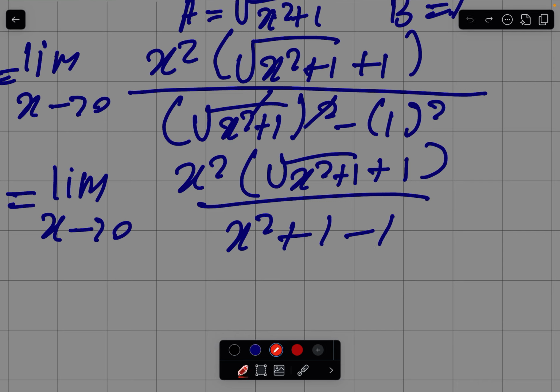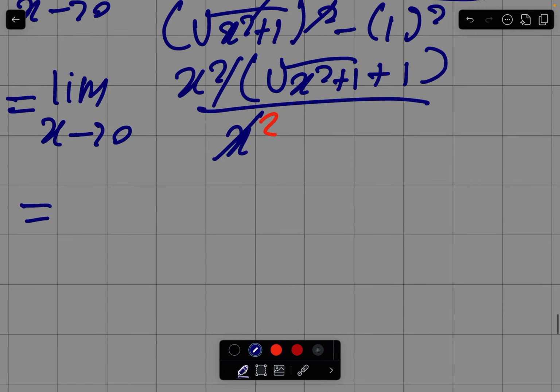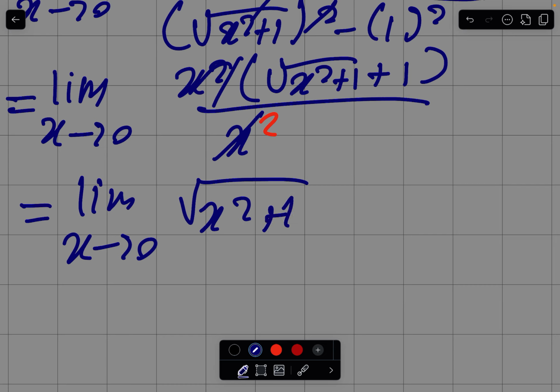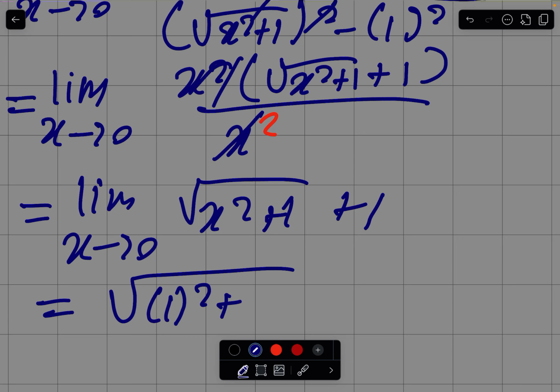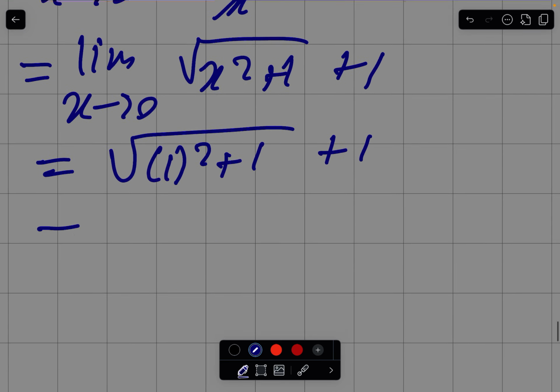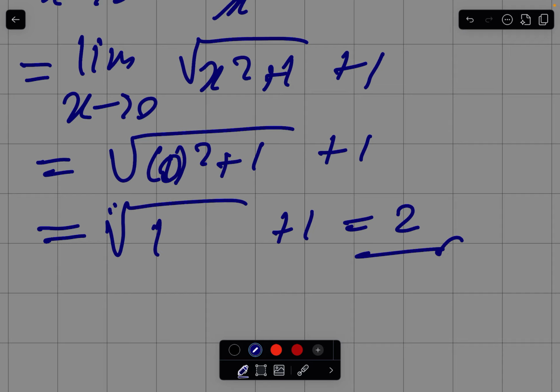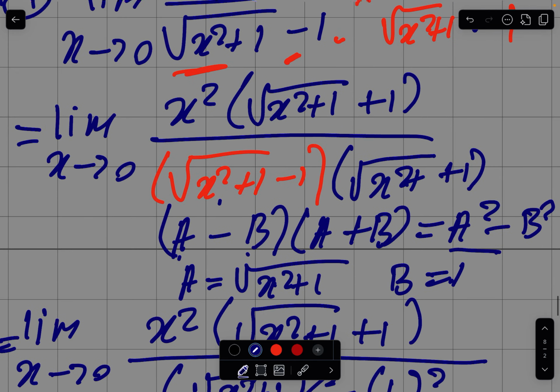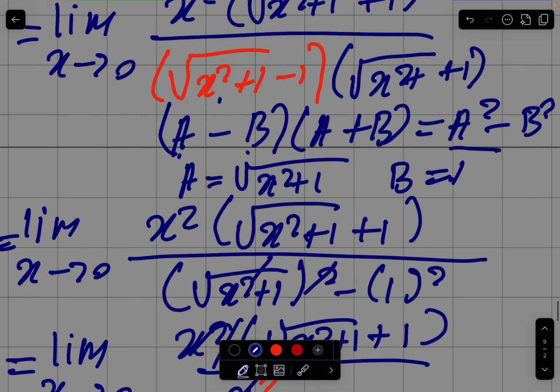We know this one cancels this one, therefore we remain with what? With our x squared. We know this one cancels this one. We also remain with the limit as x approaching 0 of square root of x squared plus 1 plus 1. We're going to have square root of what? 0 squared plus 1 plus 1, which is going to be 1 plus 1, which is 2. That's your final answer, and I think it was question number 9.